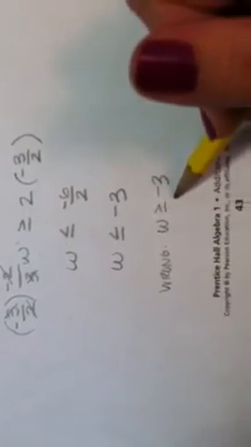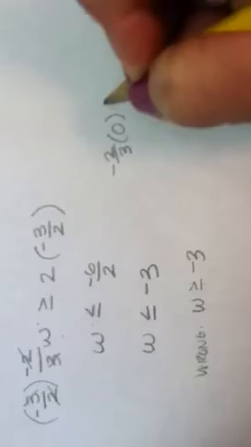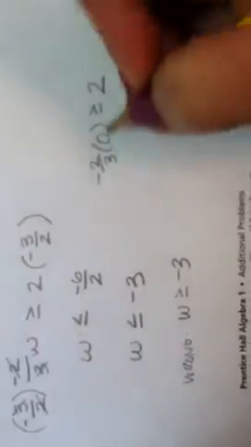Well, a number bigger than negative 3 is 0. So that would be saying negative 2/3 times 0 is greater than or equal to 2. Well, I know that 0 is not greater than or equal to 2, so that doesn't work. So that's one way you could check to make sure you don't do the wrong thing here. So this is my solution, w is less than or equal to negative 3.